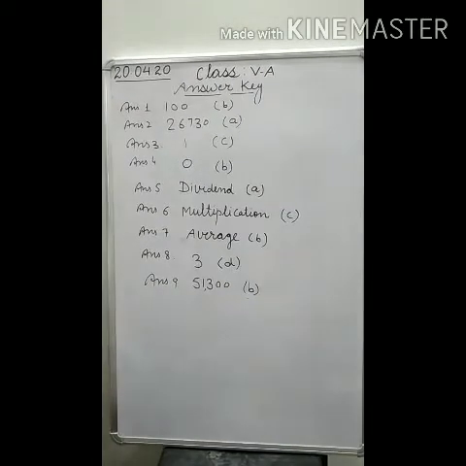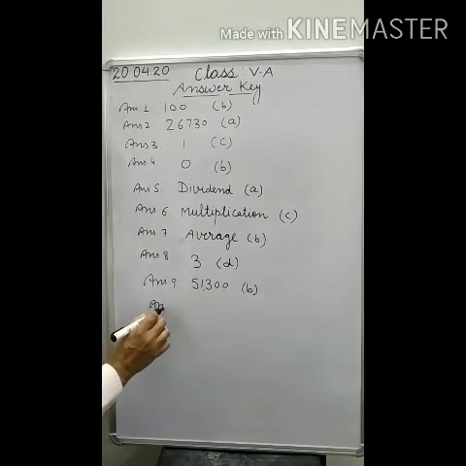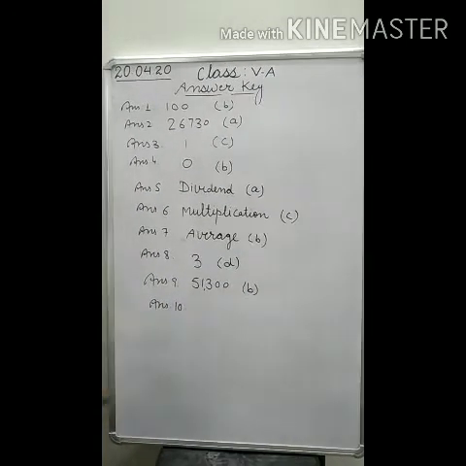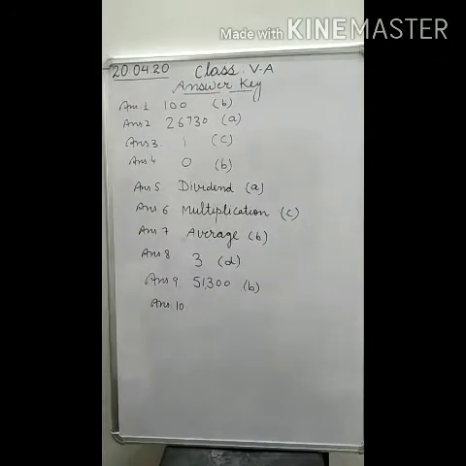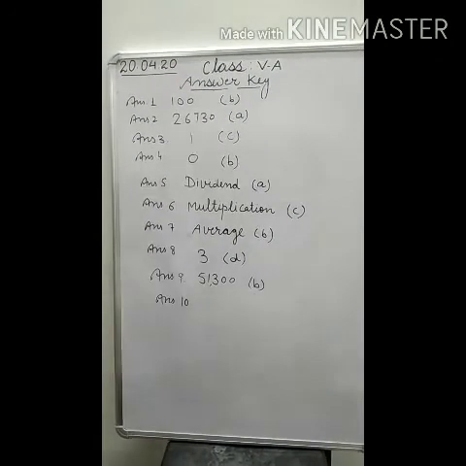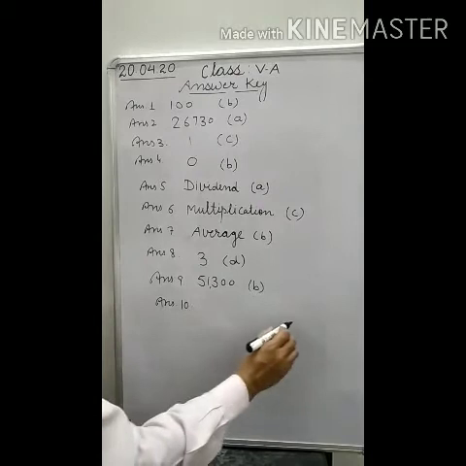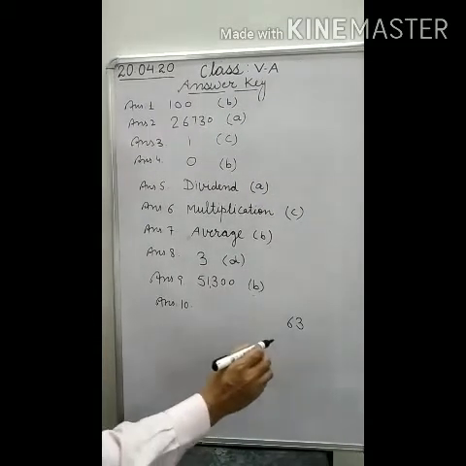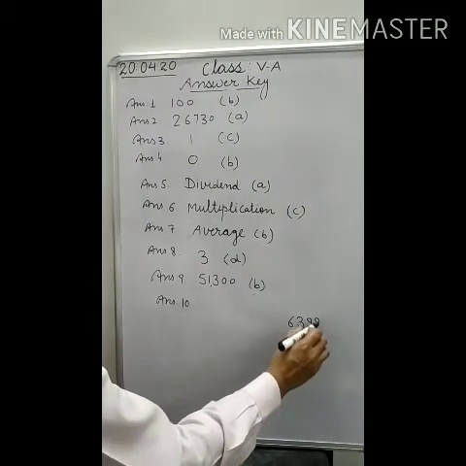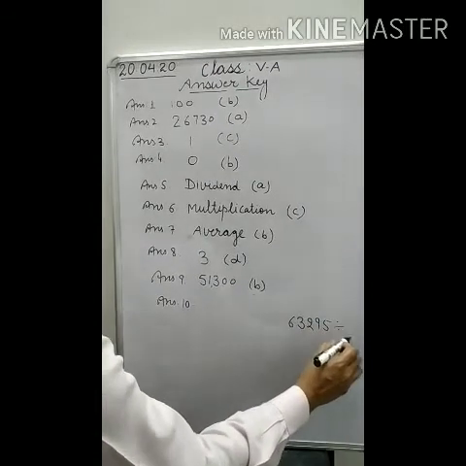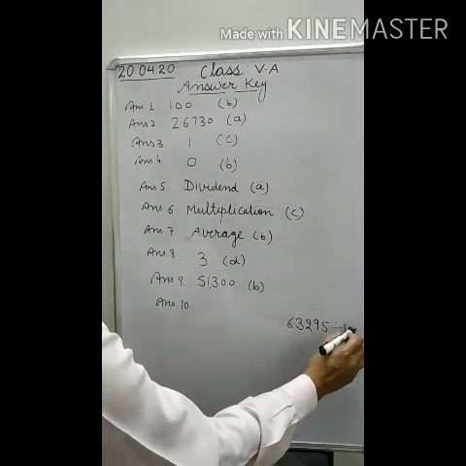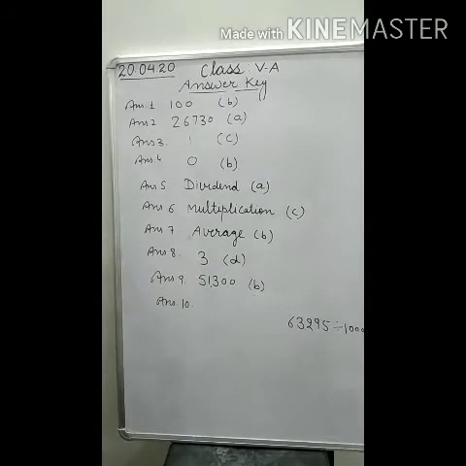Option will be B. Now come to the last question. In this question you have been given that 63,295 is divided by 1000. Again there is a general rule.